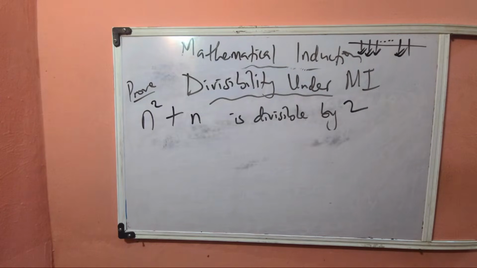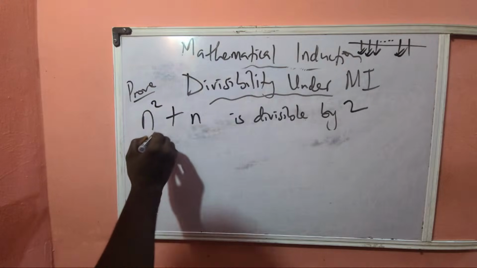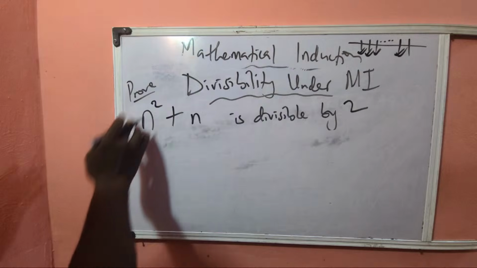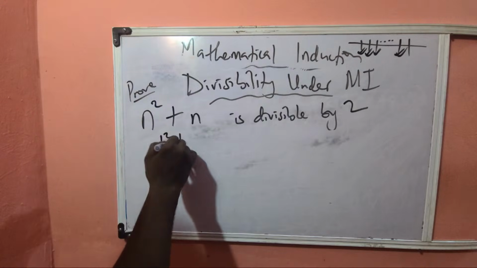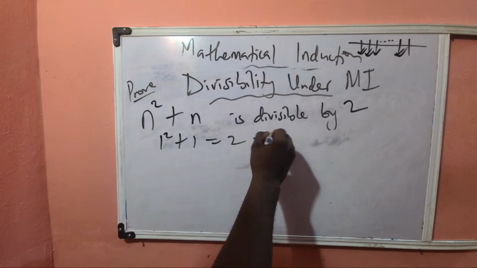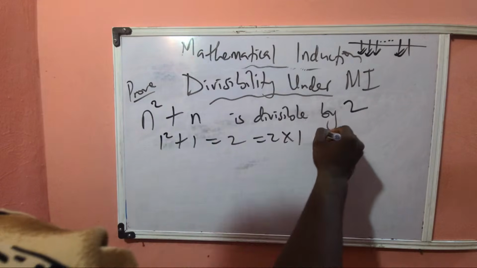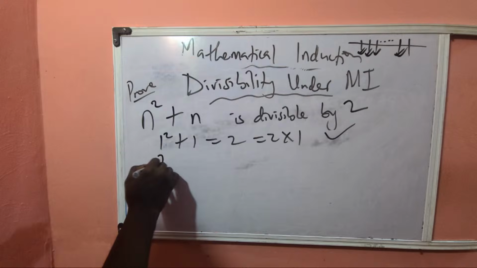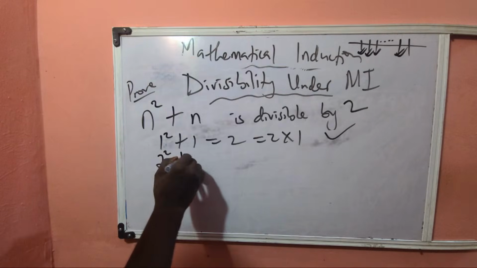So what's the base step here? Let's try for n equals 1. When n equals 1, we put in 1 here. We have 1 squared plus 1. We got an answer of 2, which is 2 times 1. We saw that this was divisible by 2. Nice. We go on to do 2 squared plus 2.